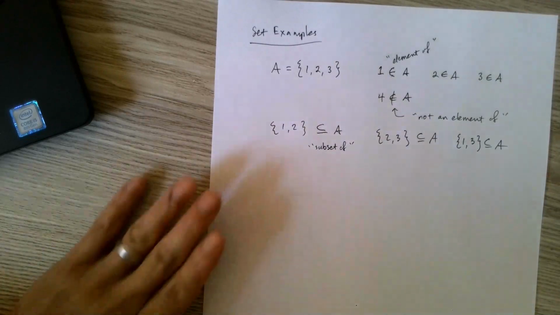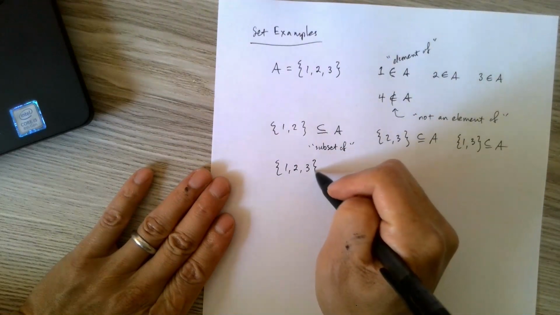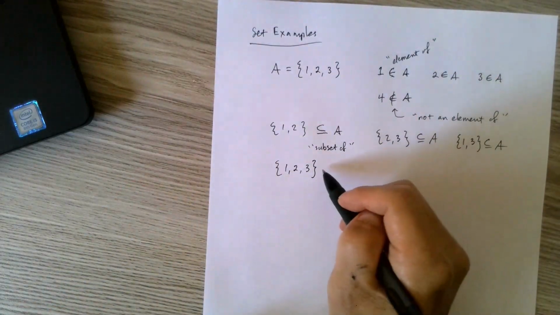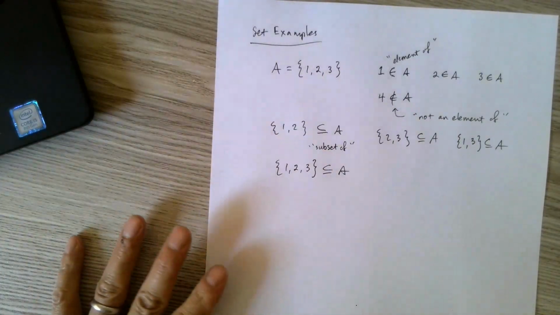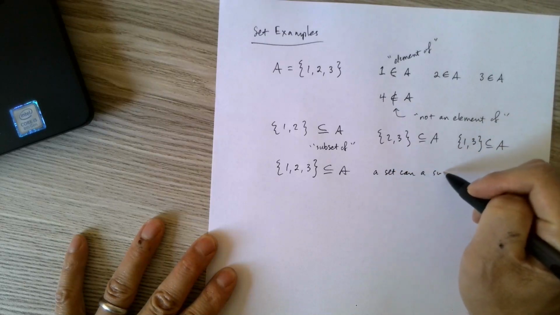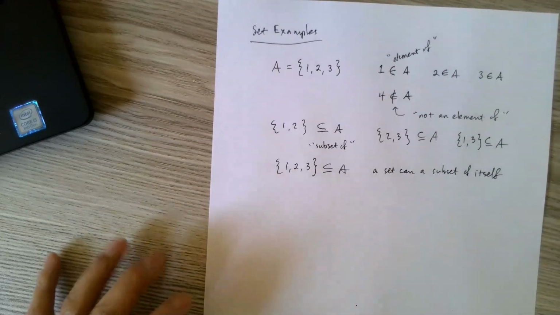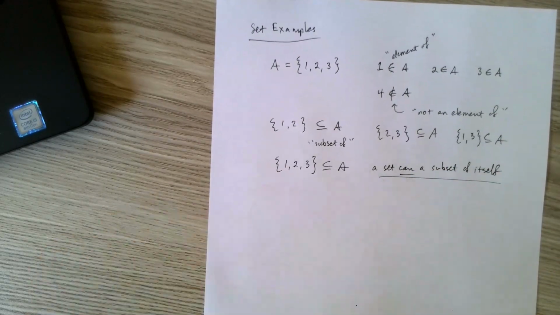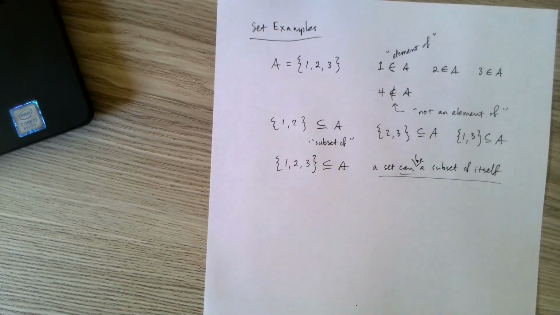It is also true that 1, 2, 3 is a subset of A. So in case you were wondering, can a set be a subset of itself? Yes. A set can be a subset of itself.